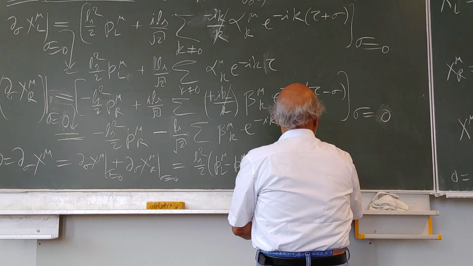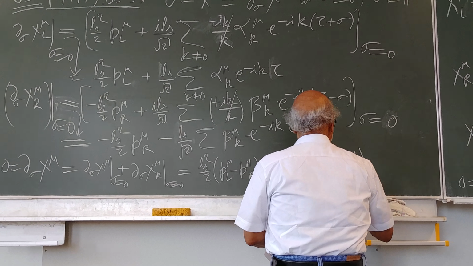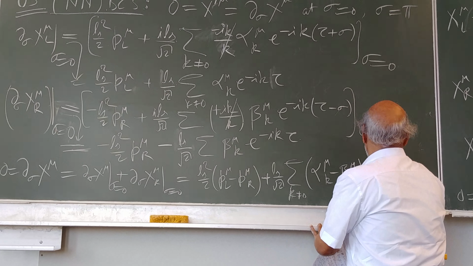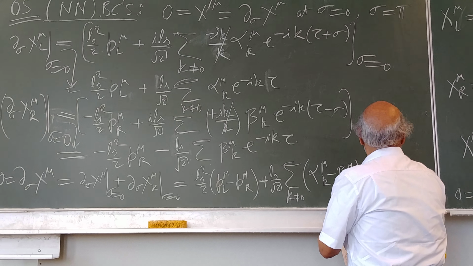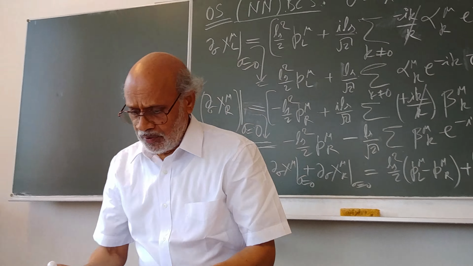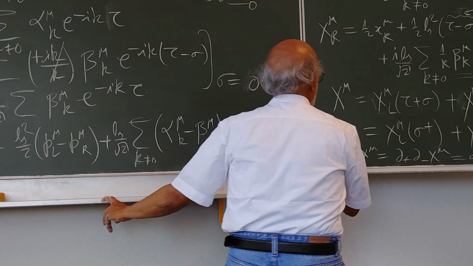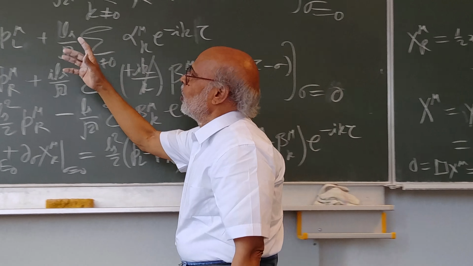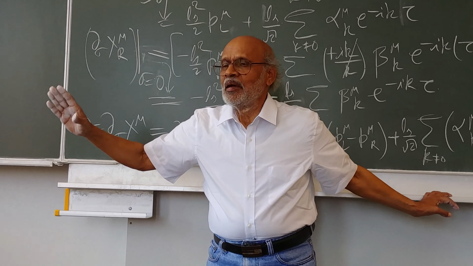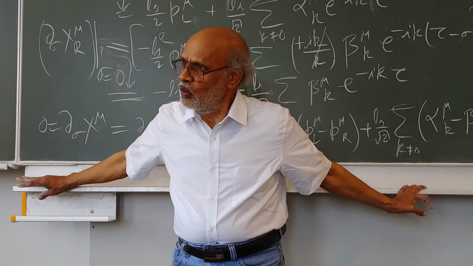Now here I have alpha mu k minus beta mu k because of this extra minus sign here, times e to the power minus I. So this is what we get from our Neumann boundary conditions, but only the first part. We have applied Neumann boundary conditions only at sigma equal to 0, not yet at sigma equal to pi.